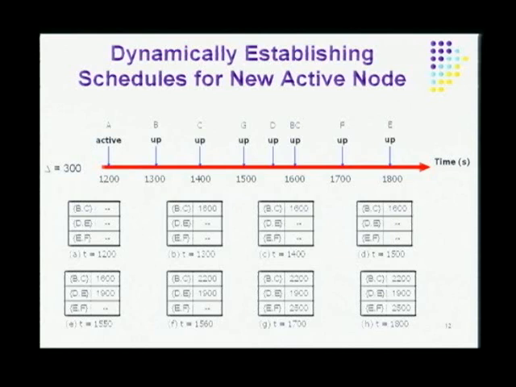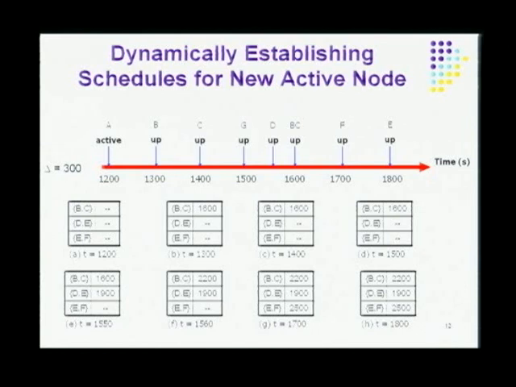So here, the new active node should establish a schedule for its redundant nodes. So here, the new active node A becomes active at 1200, and at that time, it has 3 GANs, and the GAN schedule table is just empty.